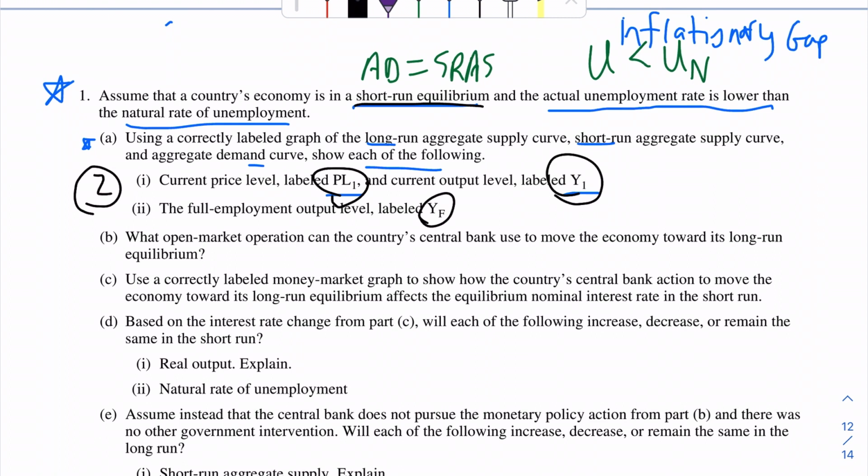How can we have less money? We need to sell bonds. So what you would say here is the central bank can sell bonds.